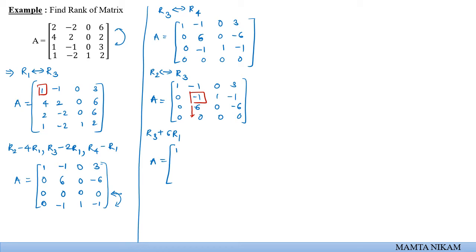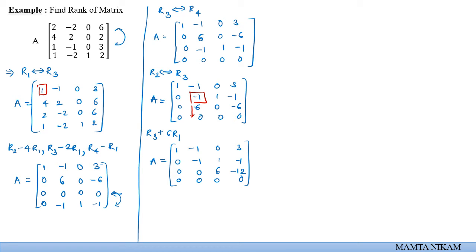First row as it is, 1 minus 1 0 3, 0 minus 1 1 minus 1, second row also as it is. We are performing on the third row. So the third row will now become 0, then 6 minus 6 is 0, 0 plus 6, this will be 6, minus 6 and minus 6, this will be minus 12, and the last row, that is 0.